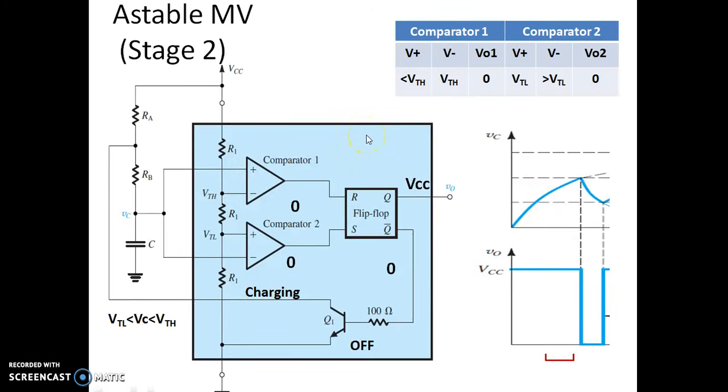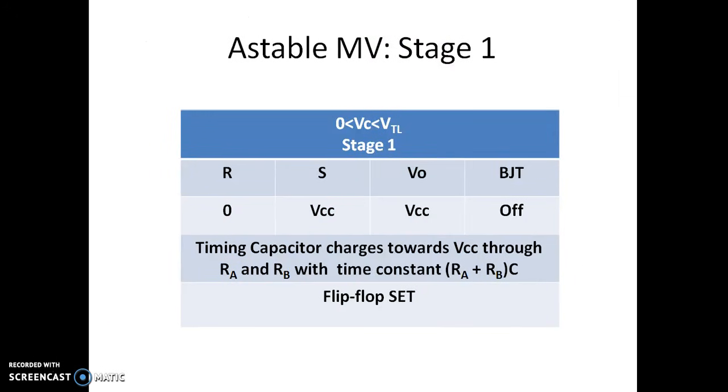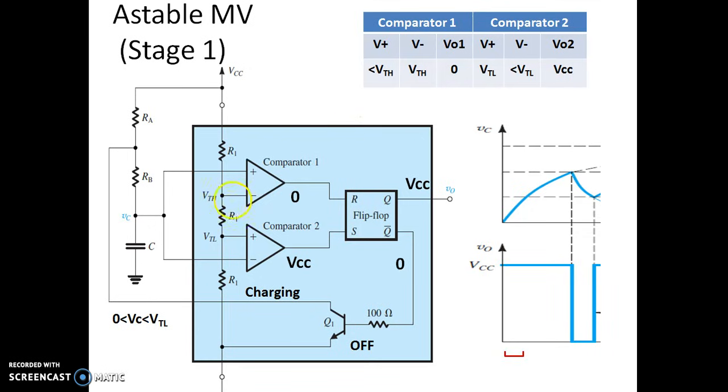So that's what is happening in the first case, where the capacitor voltage is less than VTL and the output of comparator 1 is 0 here. Just have a look at this. Now this is VTL, but the capacitor voltage is less than VTL. When it is less than VTL, we know that V plus is more than V minus here, so the comparator output happens to be VCC.